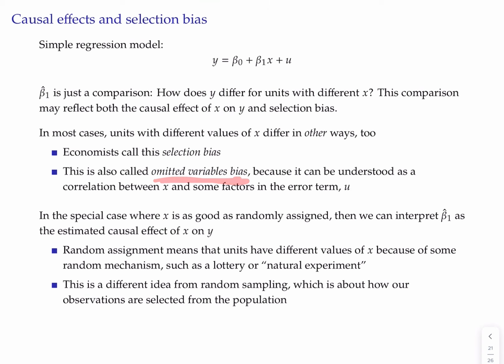Remember, beta 1 hat is just a comparison, and we run a regression and see, oh, people with more education get paid more. Part of that is probably because they have more education, but part of it is because when you compare a college grad with a high school grad, you're comparing people who, on average, not every comparison would be this way, but on average, the college grads are probably going to score better on intelligence tests.